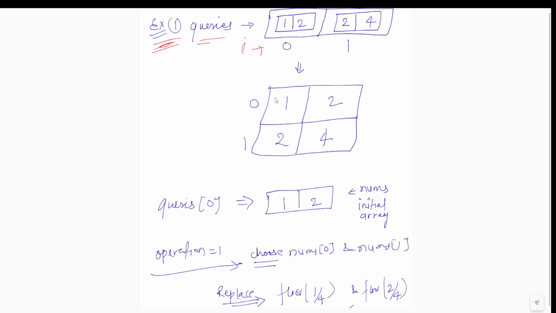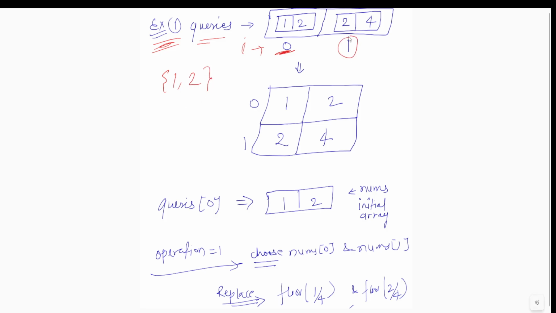If we represent it in grid form, each query contains an array: [1, 2], or there will be more elements from 2 to 4. It means that if we have the range [1, 2] at query index 0, we have a simple array with the range 1 to 2, which means there are two elements.